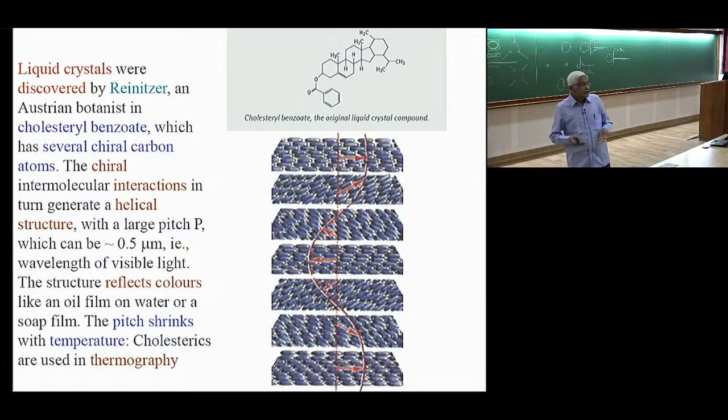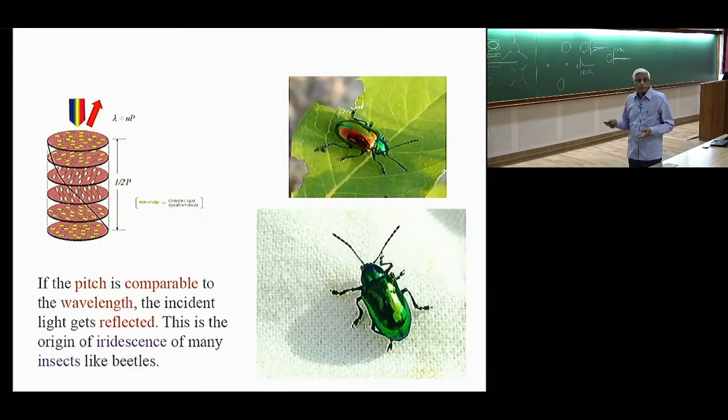Therefore, it reflects light. And in fact, Bragg's law becomes applicable in the visible region. And probably you might have seen this picture again. Beetles and so on, they have such a structure in their wings, helical structure, and therefore they show this iridescence. Iridescence of beetles mainly is because of this optical effect.